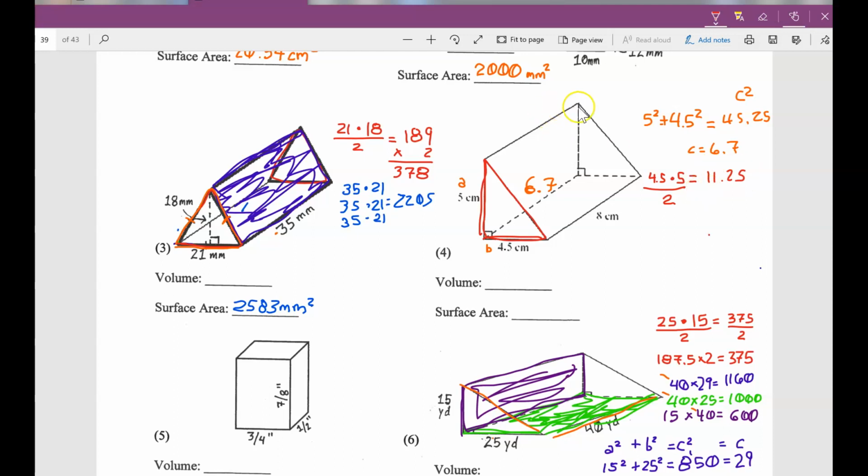But then there's a back as well that's identical. Multiply it by 2. That's going to be 22.5.